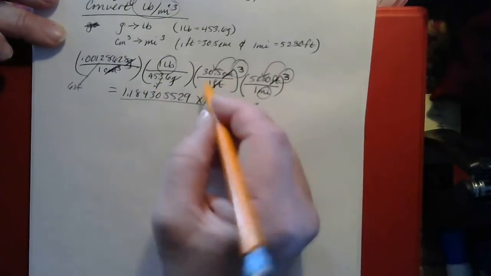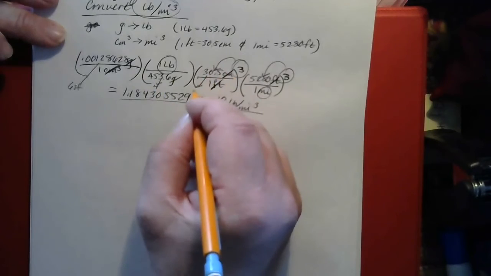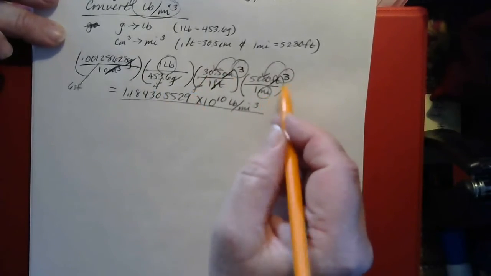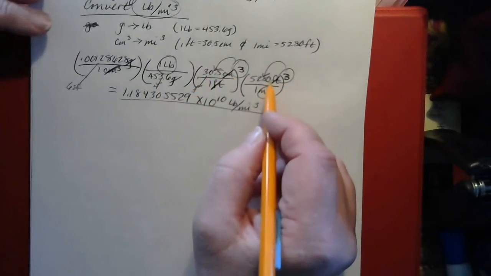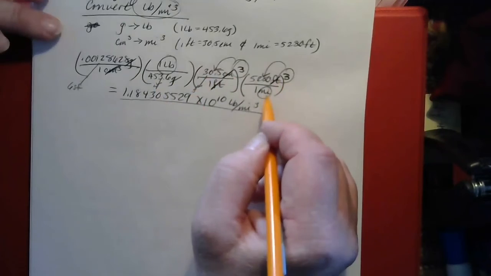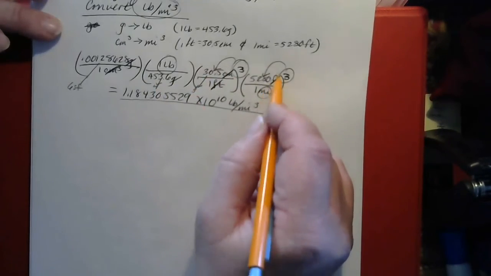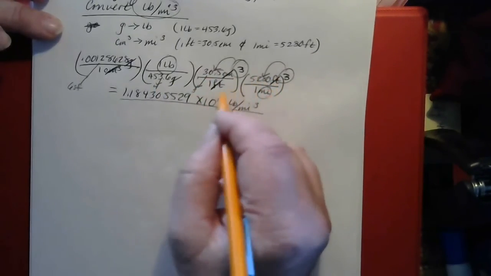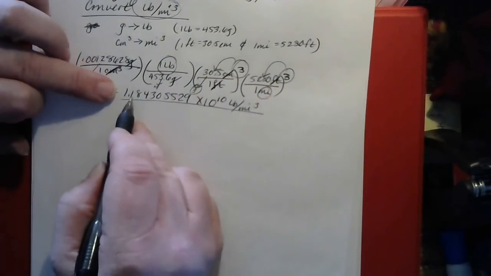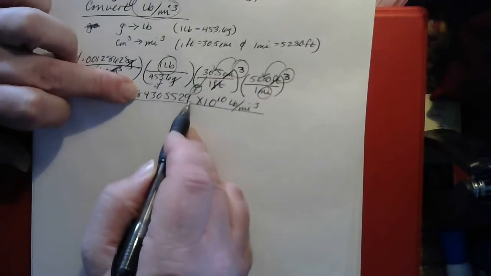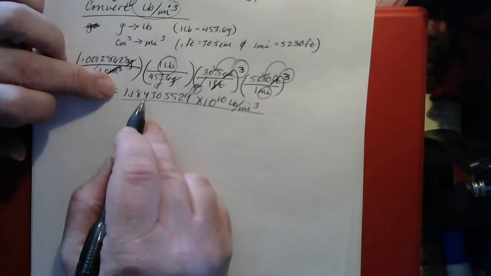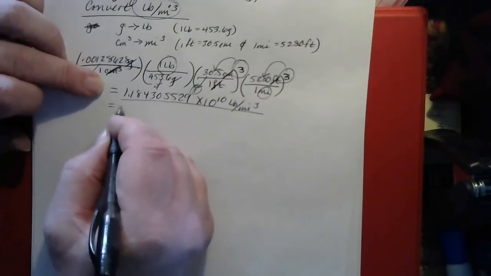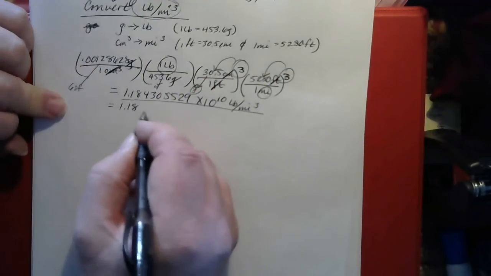Centimeters to feet is between English and metric, and so that's rounded off. That's only 3 significant figures. Feet and miles, though, that's within the English system, so that's an exact number, so it's infinite. So 3 significant figures it is. So the 1, 1, and 8 can stay. Everything from the 4 on has to go. 4 is less than 5, so we don't have to change any of the numbers we're keeping.